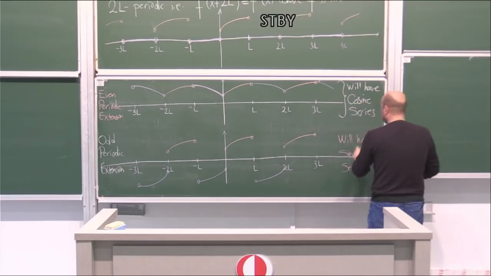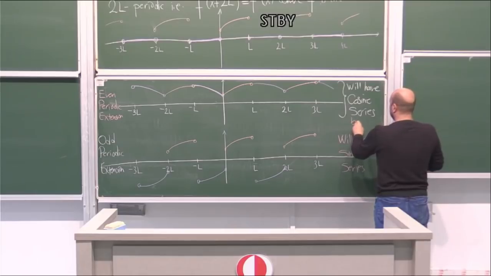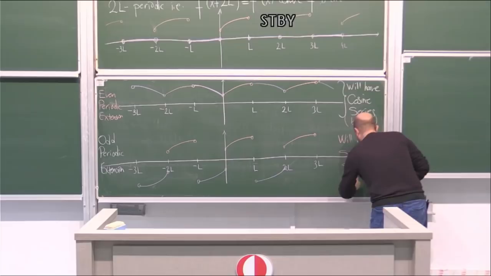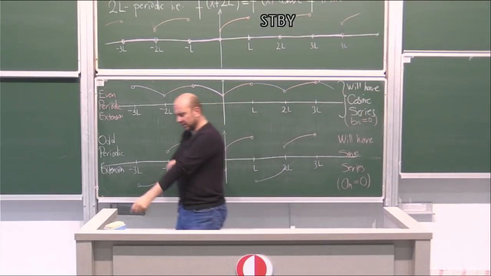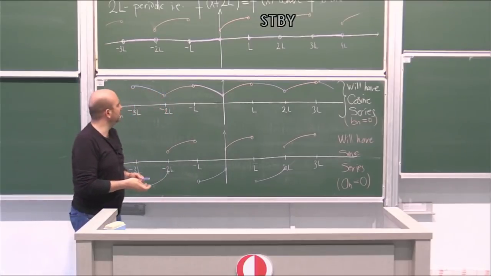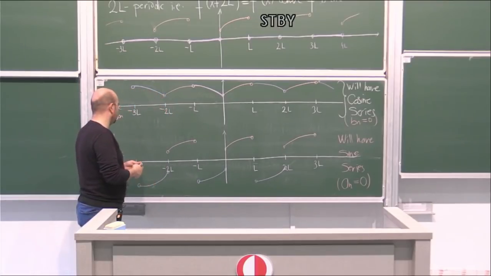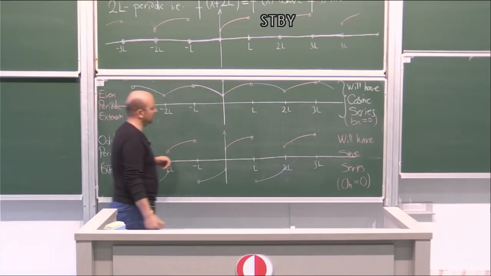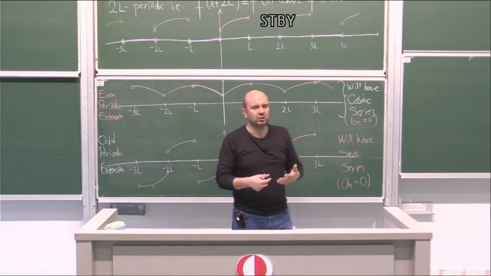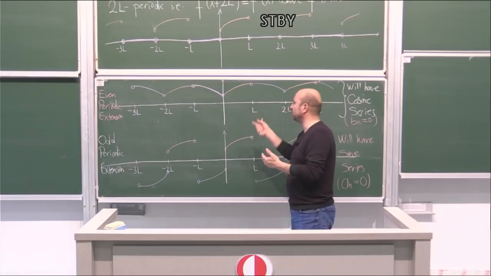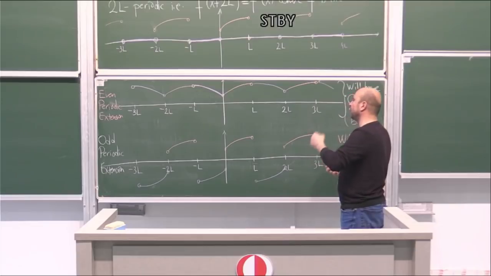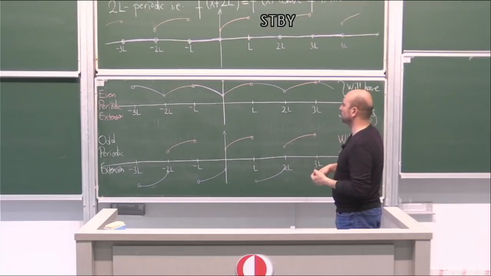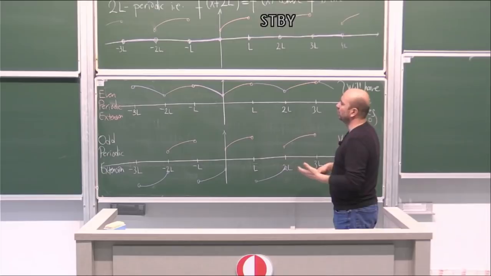Which means here all BNs are 0, and here all ANs are 0. So you don't need to compute them. That means if you do such kinds of extensions, even or odd, at least your calculation is halved. You just do fewer calculations. Either you compute the ANs or the BNs, depending on the extension. As I said, depending on the problem, you have to do either an odd extension or an even extension.